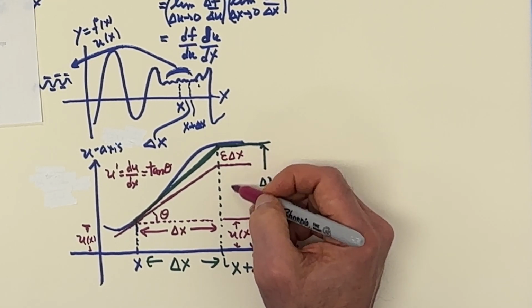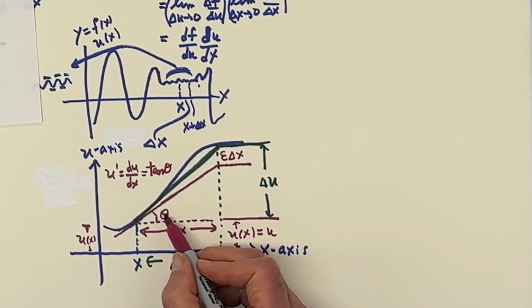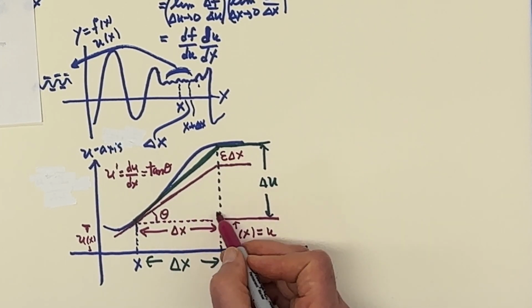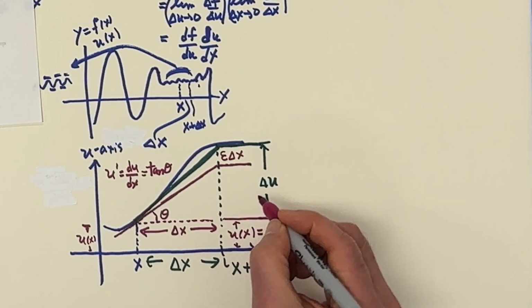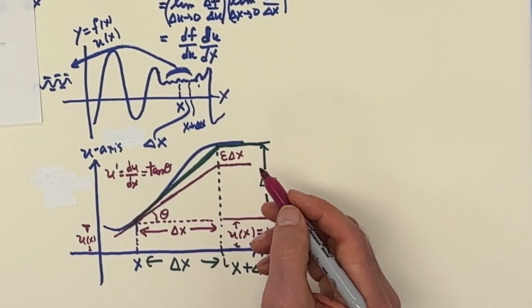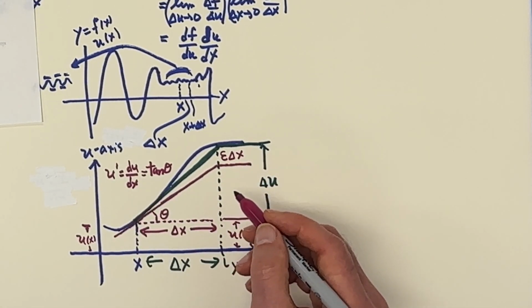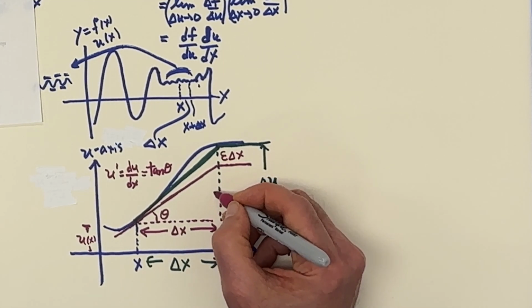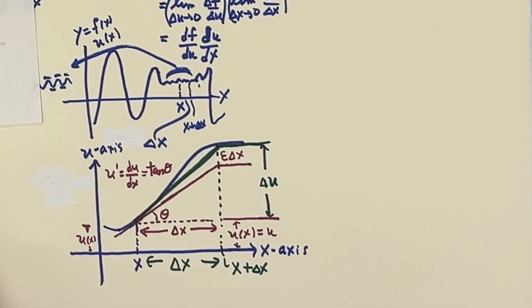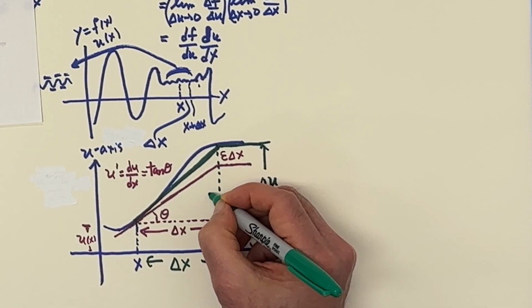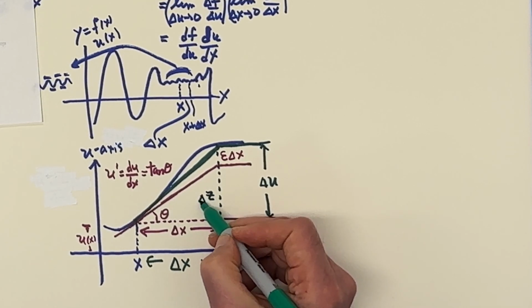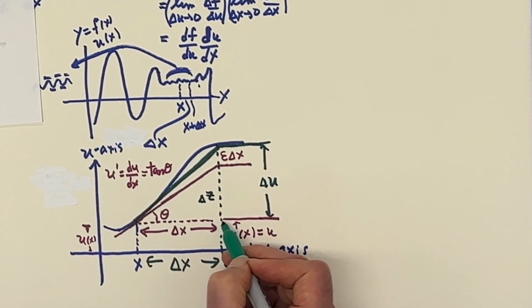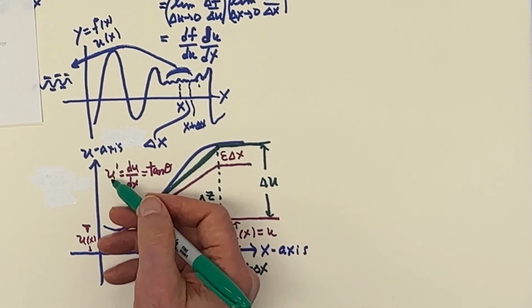Now what about this? What's going on there? Well, the tangent of theta would be this thing divided by delta x. But the tangent of theta is also equal to u prime. So for a second, I'm just going to let this thing be z. So if I take, say, a delta z over delta x, I have the actual slope.